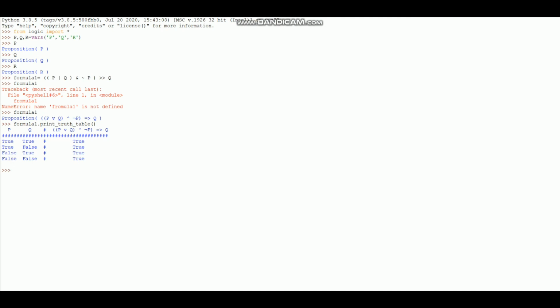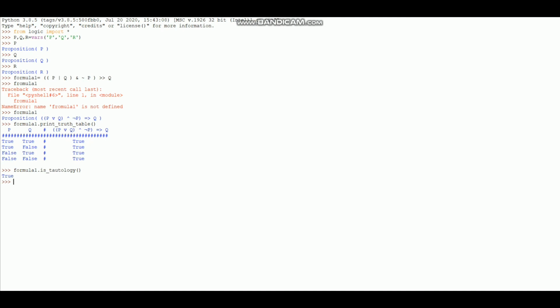We can also check it with a function formula 1 dot is_tautology. And here it returns true.